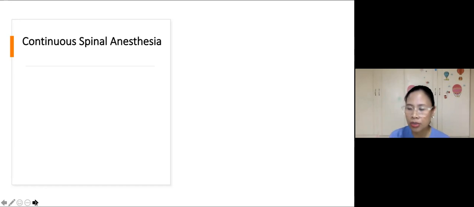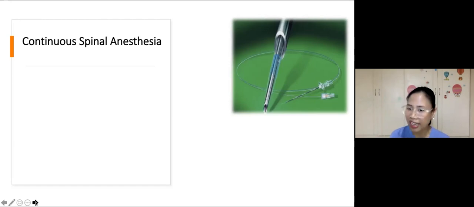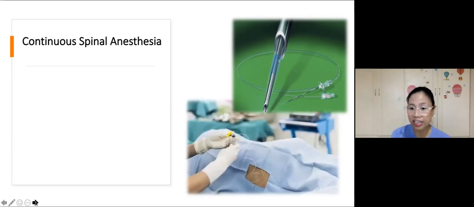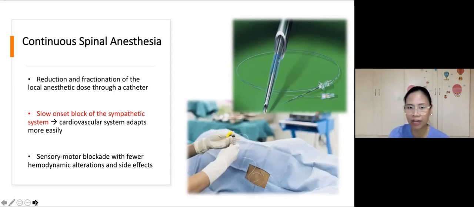So what is this technique? It is using a spinal needle with a gauge 26 or 27, and then threading in a catheter through the spinal needle. I think B. Brown has this set. It's called SpinoCath. Okay. And then we inject local anesthetic through the catheter in a graded fashion.